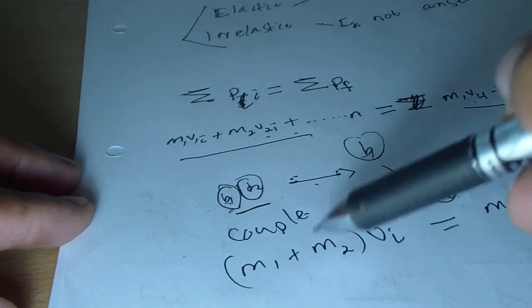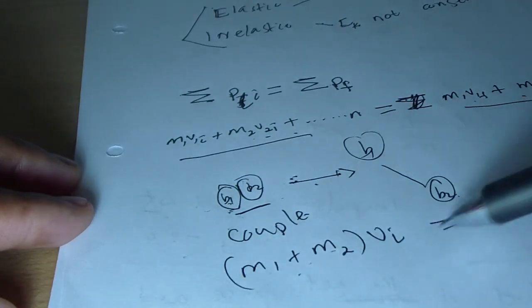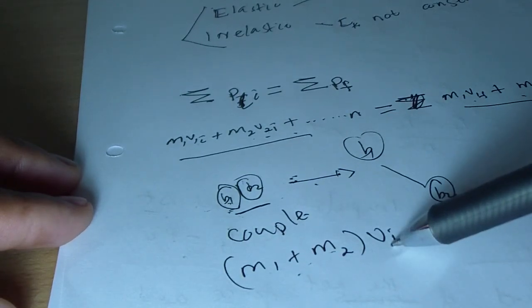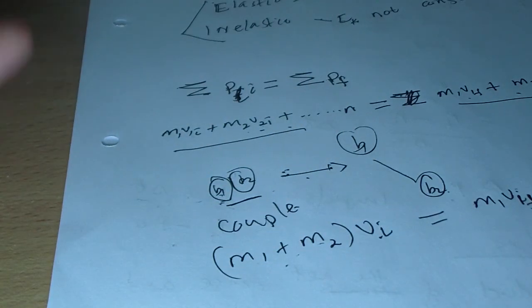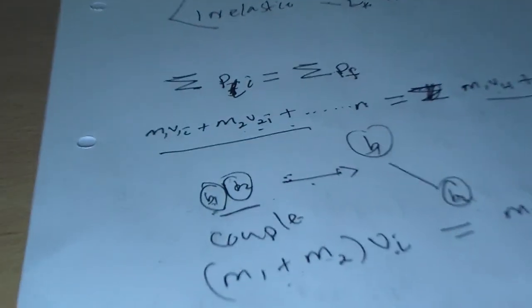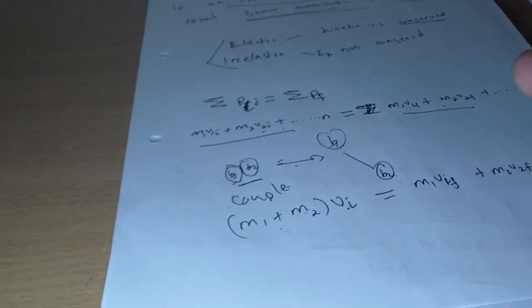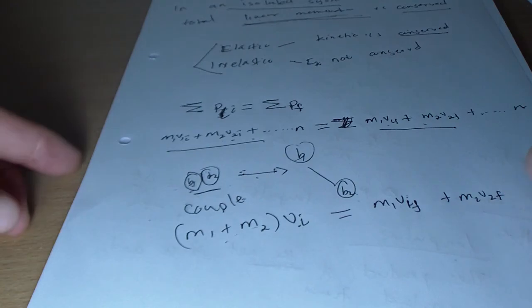Initially the masses were combined and moving at the same velocity. Now they've got different velocities and their masses are separated. So with couples, they start as one thing, then they separate.